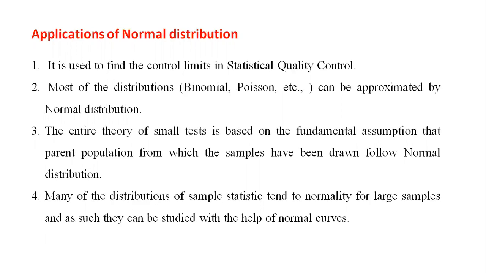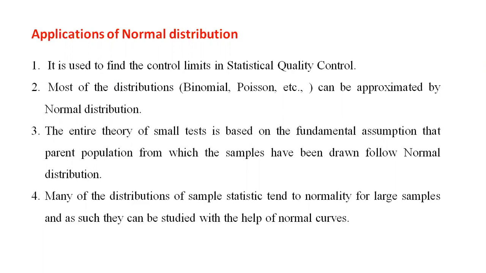So you can see here there are some more applications. The distributions of many sample statistics tend to the normal distribution for large samples, so they can be studied with the help of normal curves. So we have the fifth chapter, that is test of hypothesis. In the test of hypothesis we have two things, large sample test and small sample test.